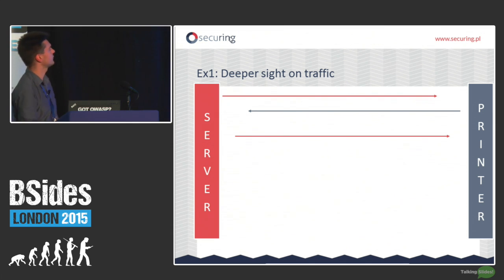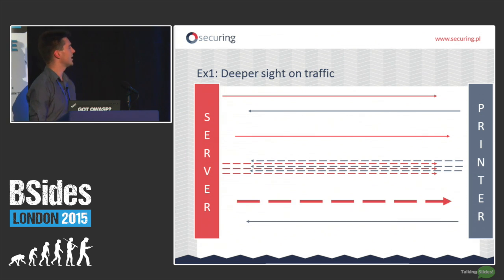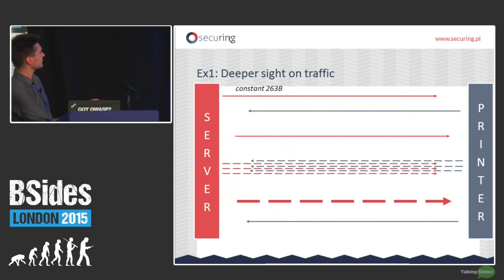First 3 short communicates, then a lot of small communication, and a huge amount of data. The whole communication is 1.1 megabytes, and this part is 1.05 megabytes, so what is it in a printing solution? Files.